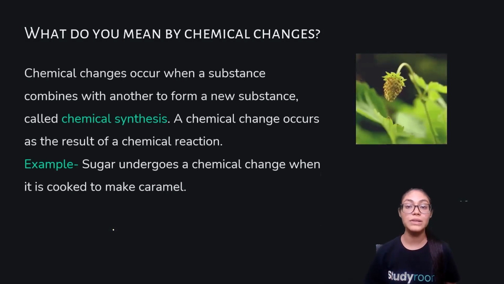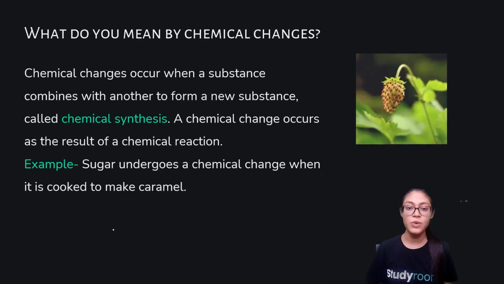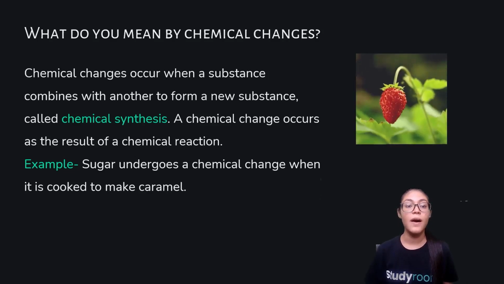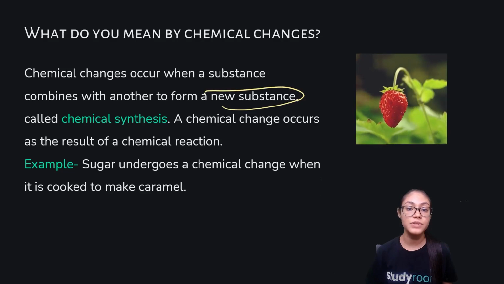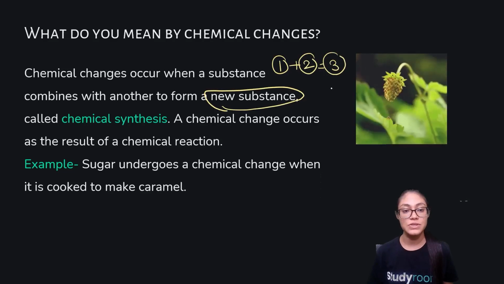Now, what do you mean by chemical changes? When I say that a certain kind of chemical change is observed, what exactly is meant by that? Chemical changes occur when a substance combines with another to form a new substance. A certain kind of substance will combine with another kind of substance to produce a completely new substance. This process is called chemical synthesis.